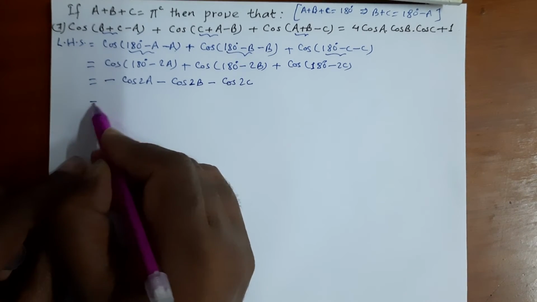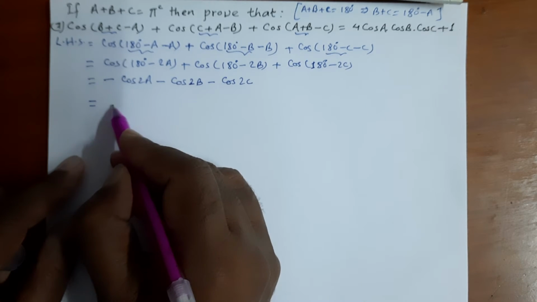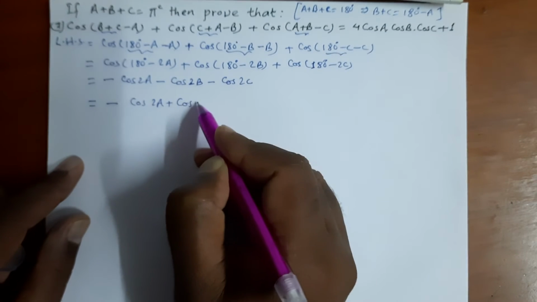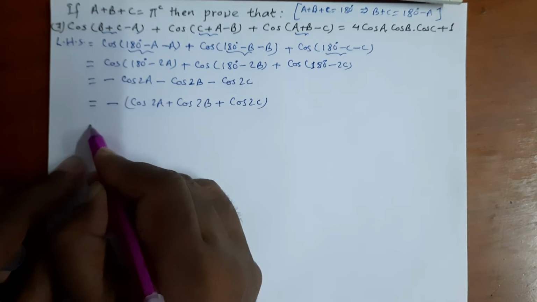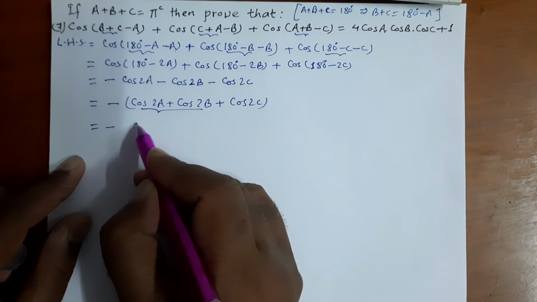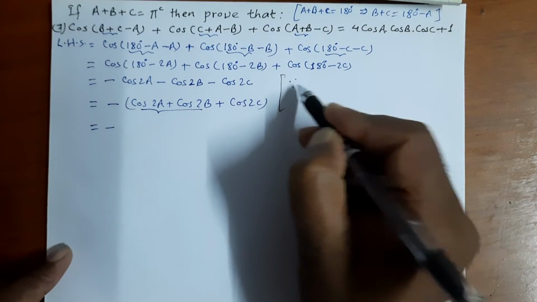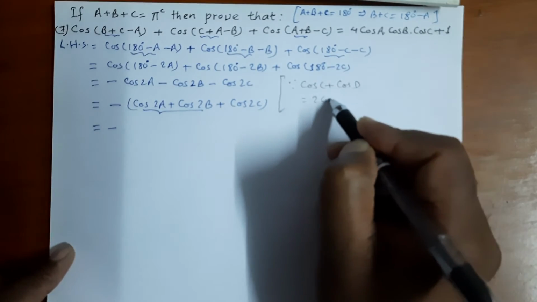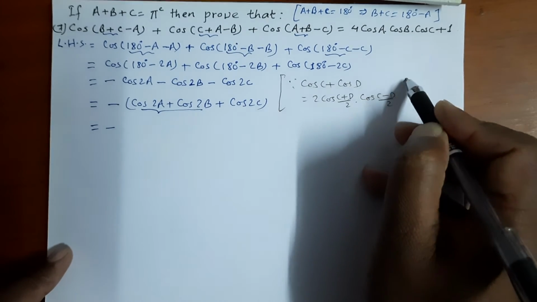Okay, and now from all this, minus can be taken out as common, minus cos 2A plus cos 2B plus cos 2C we can write. Now we can use the cos C plus cos D formula. Our formula for cos C plus cos D is 2 cos C plus D over 2 cos C minus D over 2.